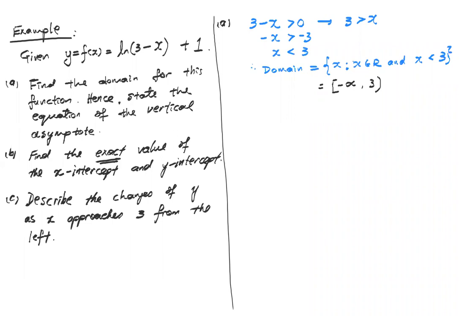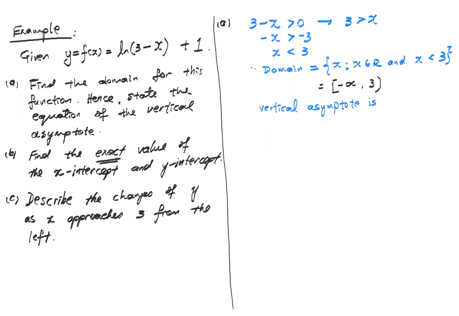Okay, so the vertical asymptote is, okay, Dixon, can you give me the answer? Dixon, can you reply to me? Hello.